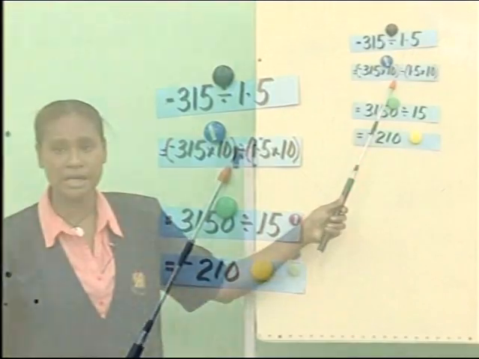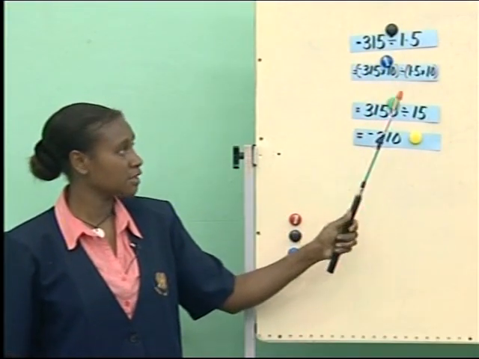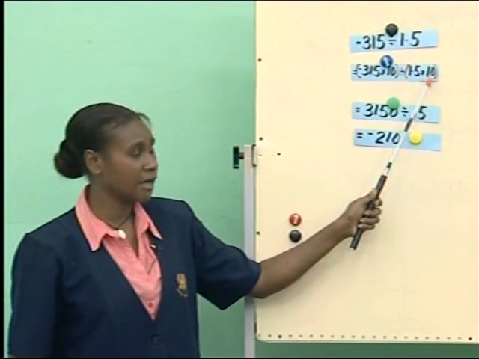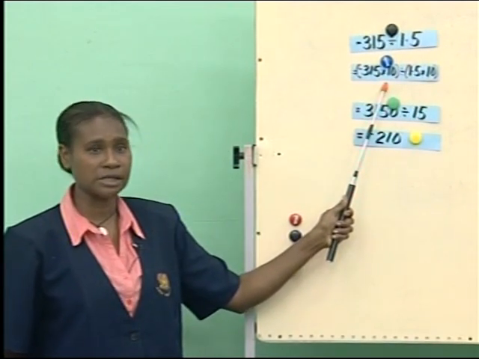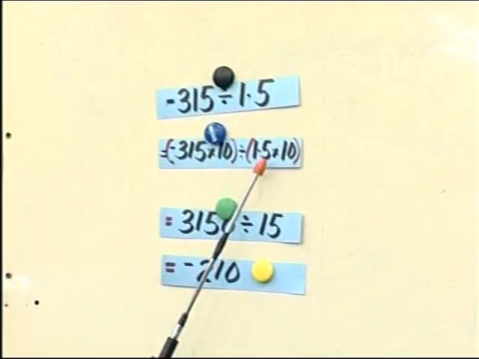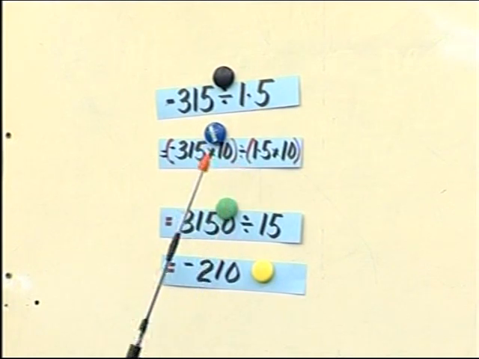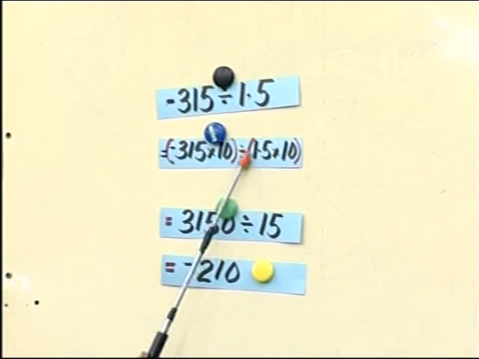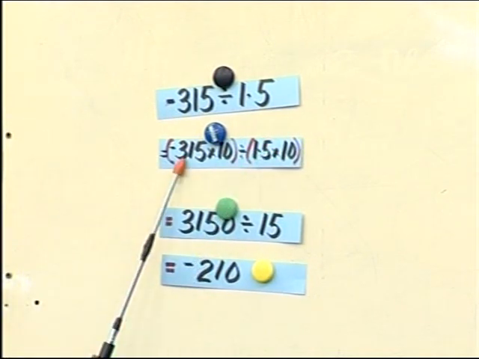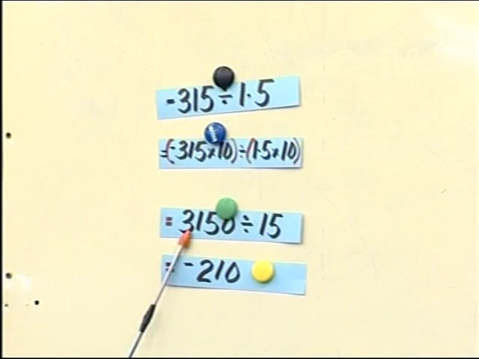Are we following, 7E? Don't forget that it doesn't mean that you multiply this by 10 and you use another number to multiply with this. So 1.5 times 10, 315 times 10. Here in this case, we are trying to change this decimal number, the divisor, into a whole number. So we multiply this by 10, your answer should be 3,150 divided by 15.